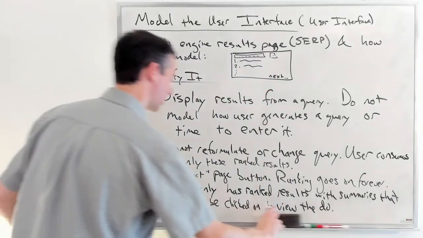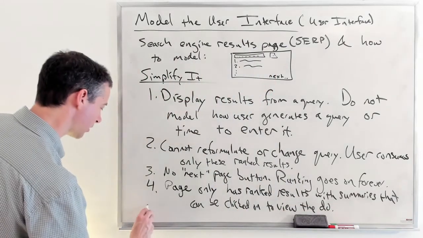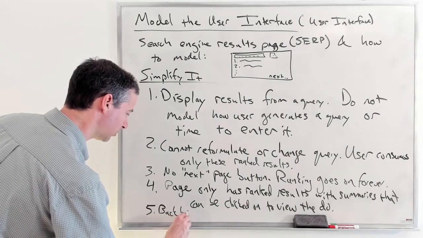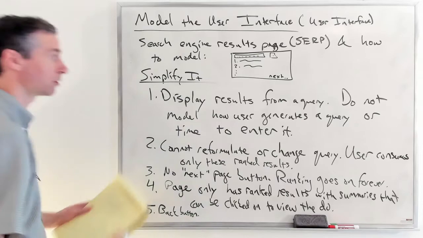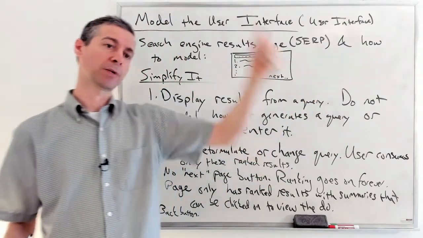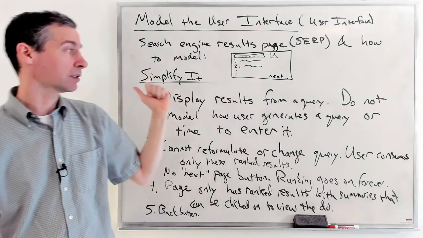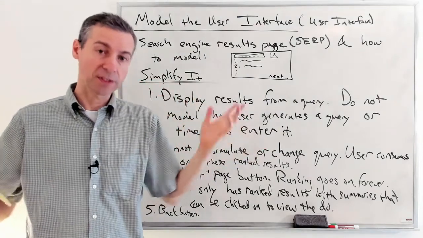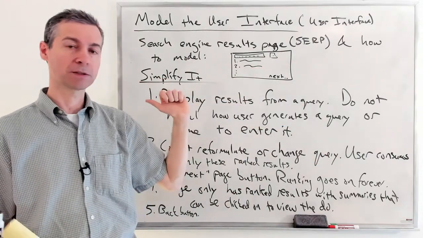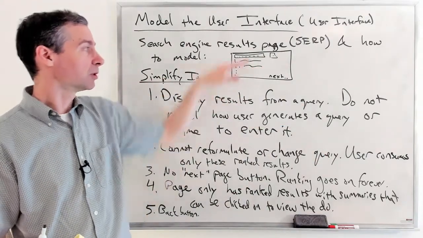And then finally, I don't really have room on the whiteboard, but I'll just stick it in here. Yes, there is a back button. So when a user clicks on the page, there's a way for them to hit the back button and come back to the ranked list. So the interface does support the ability for them to click, go view a document, and come back to the ranked list. So it's super simple.